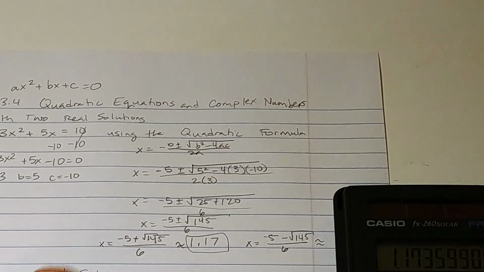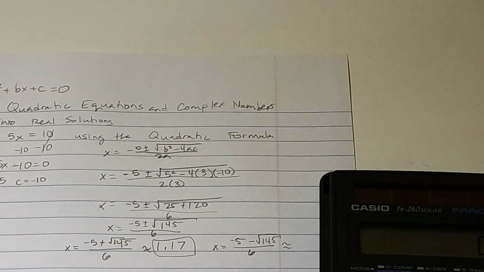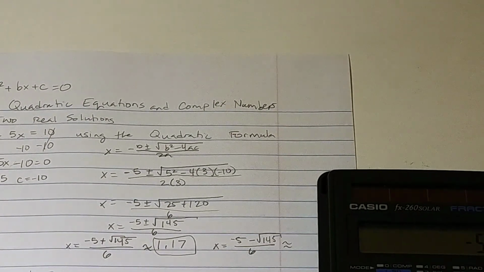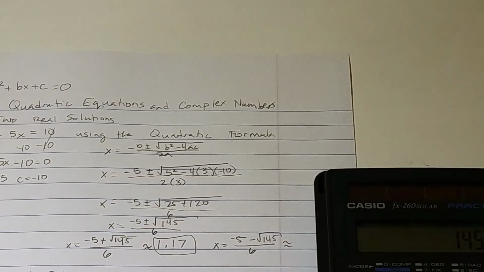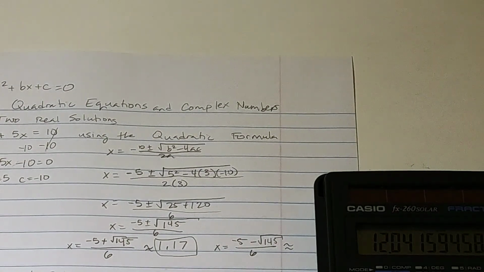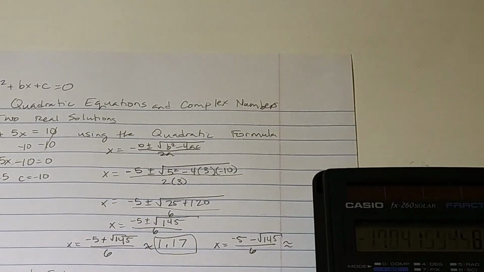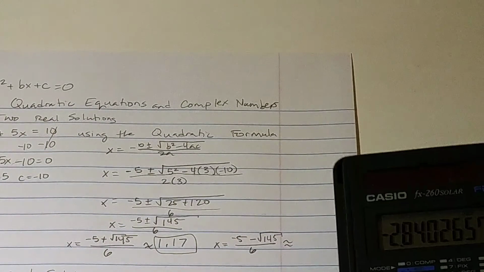All right, and the next one, same thing. We need parentheses for the numerator, negative 5, and then minus the square root of 145, close parentheses, divided by 6 equals negative 2.84.